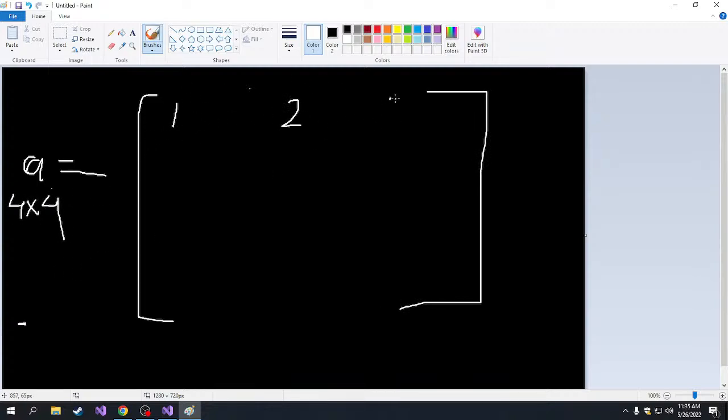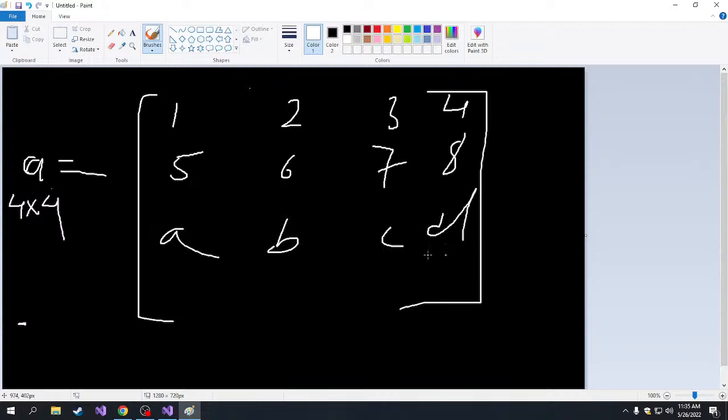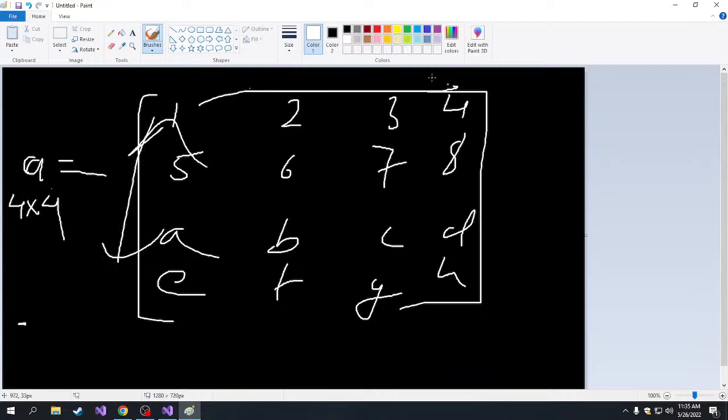I'll put 1, 2, 3, 4, 8, A, B, C, D. Okay, so this is a 4 by 4 matrix. It has 4 rows and 4 columns.